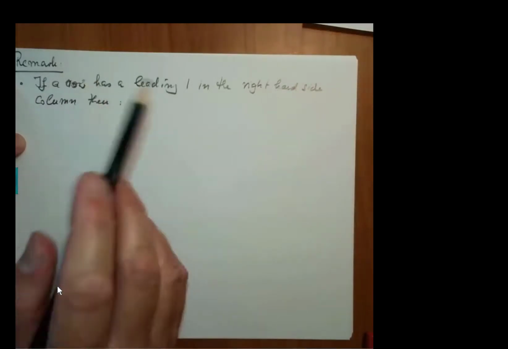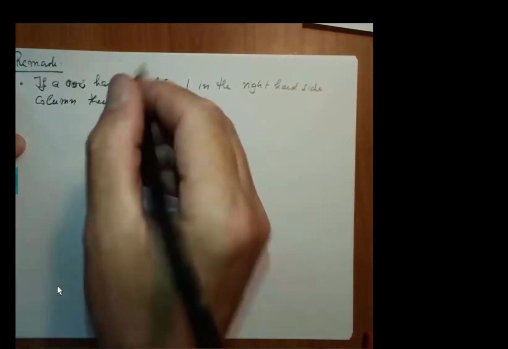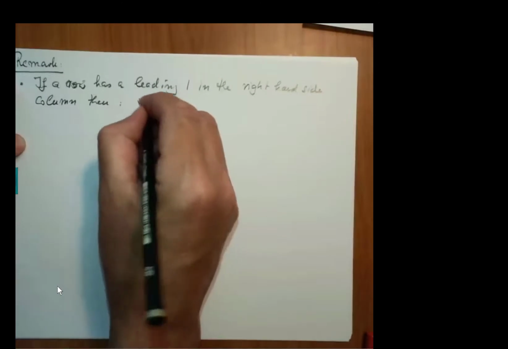No solution. Then it means no solution. So if the leading one is totally on the right in your augmented matrix, then it means no solution.